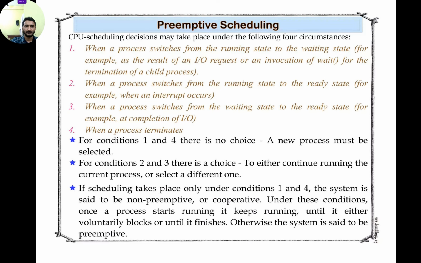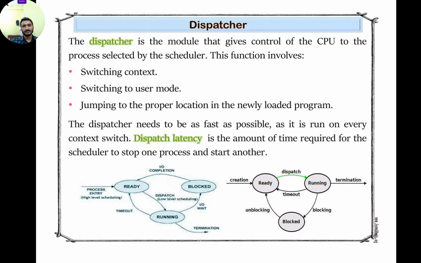Here we will see the dispatcher. The dispatcher is the module that gives control of the CPU to the process selected by the scheduler. This function involves context switching, switching to user mode, and jumping to the proper location in the newly loaded program. The dispatcher needs to be as fast as possible, as it is run on every context switch.